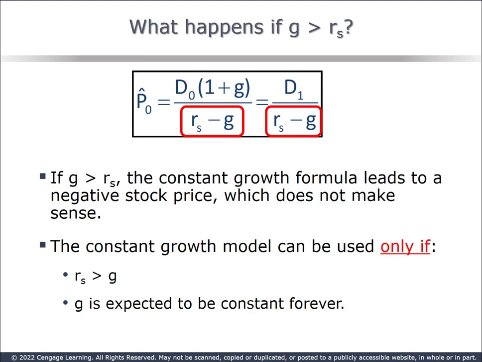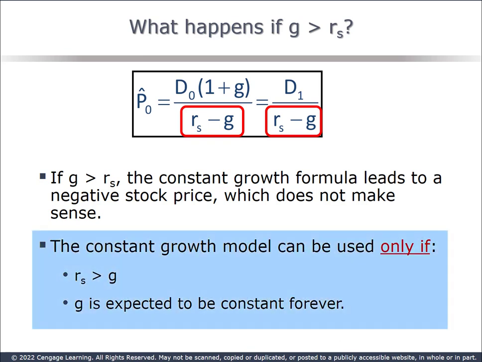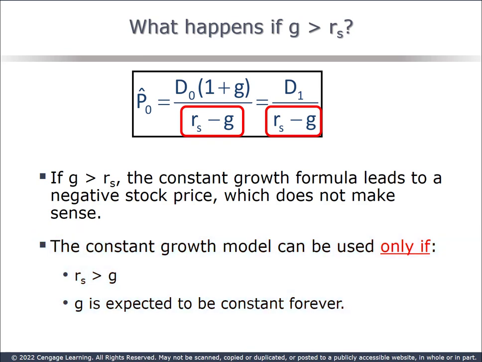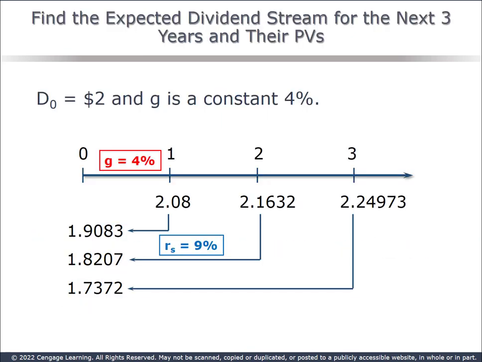So what happens if the growth rate is larger than the required return? The formula returns a negative stock price, which is not feasible. So the constant growth model requires that the required return is greater than the constant growth rate. The dividend is expected to grow at a constant rate forever. With D0 equal to $2, a 4% growth rate, and our required return of 9%, we can set up our example on a timeline.